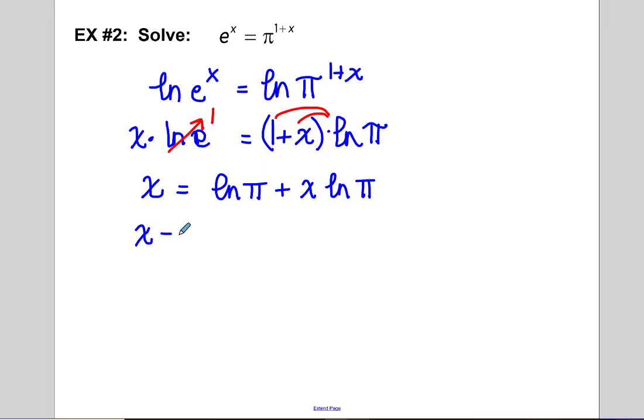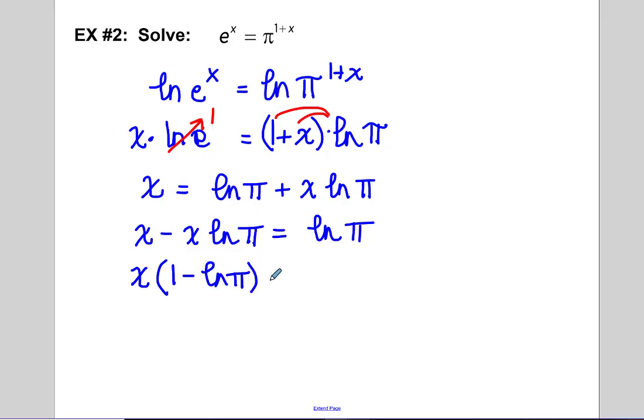So x minus x natural log pi is equal to natural log pi. And then by factoring out x from both of those terms, we could divide. And if we needed the exact answer, we would be finished.